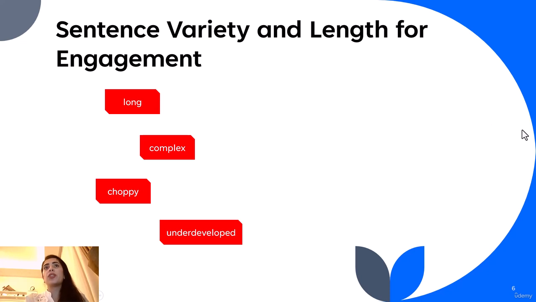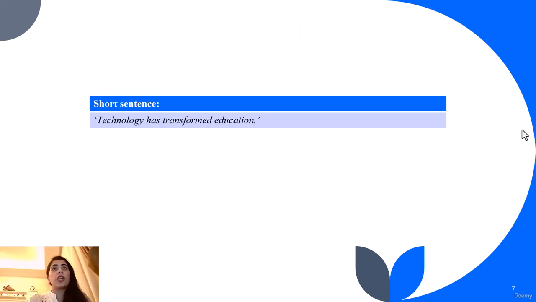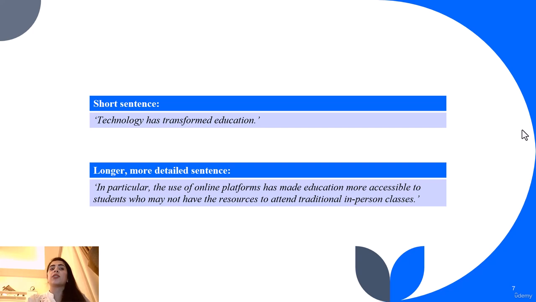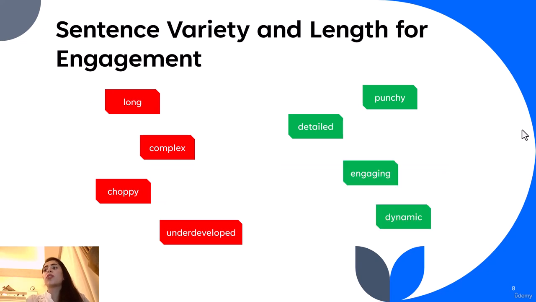A good strategy is to combine short, punchy sentences with longer, more detailed ones. For example, a short sentence like technology has transformed education can be made longer and more detailed. In particular, the use of online platforms has made education more accessible to students who may not have the resources to attend traditional in person classes. This variation keeps your writing engaging and dynamic and shows that you have a command of different sentence structures.